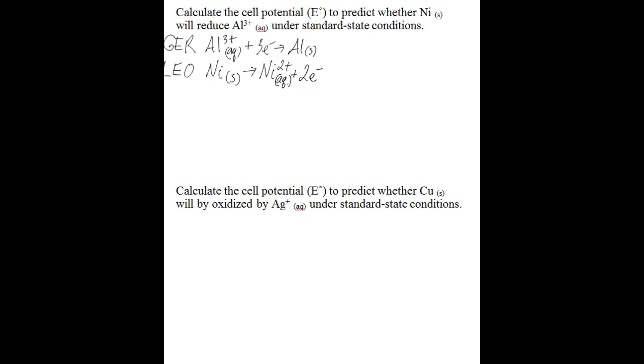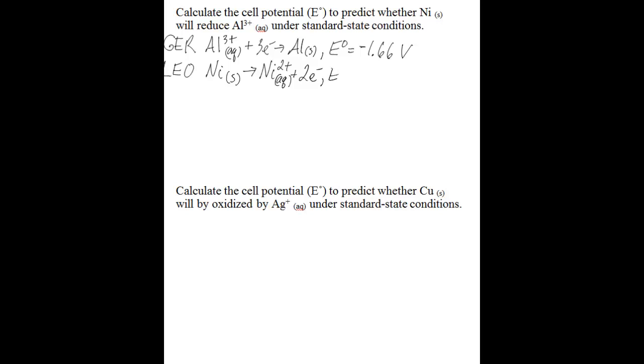So what you can do with these two half reactions is look up the standard reduction potentials for each of them in a table of standard reduction potentials. When you look up the standard reduction potential for the reduction of aluminum, you get a value of negative 1.66 volts.